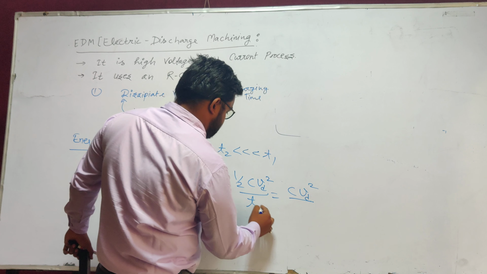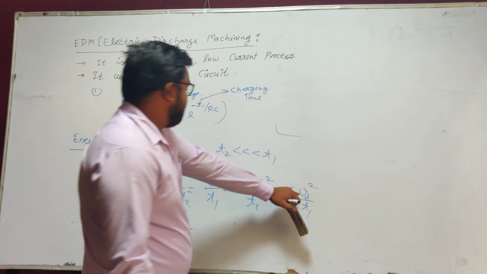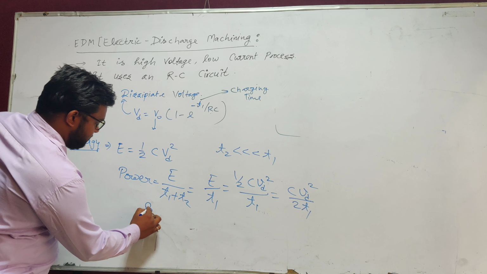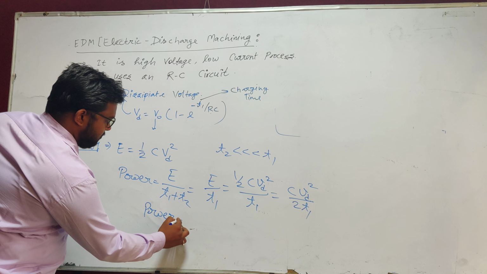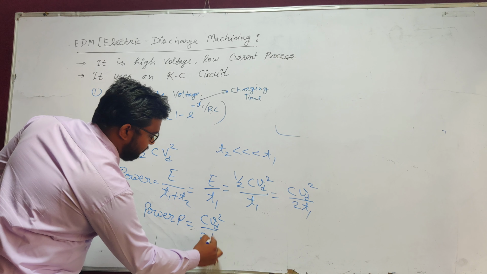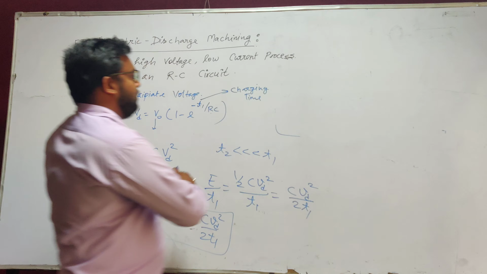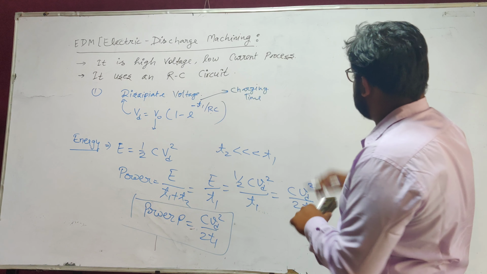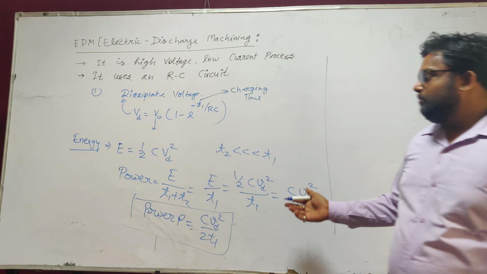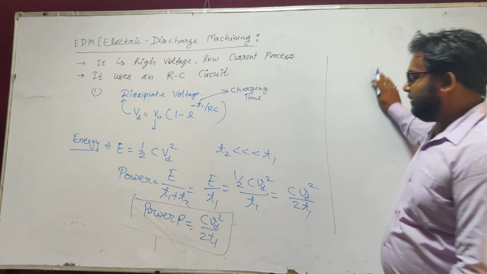square upon 2 T1. We can put here the value of VD. Power is P equal to C Vd square upon 2T1. This is the formula of power. Here, to find the maximum power, we can calculate the parameters.